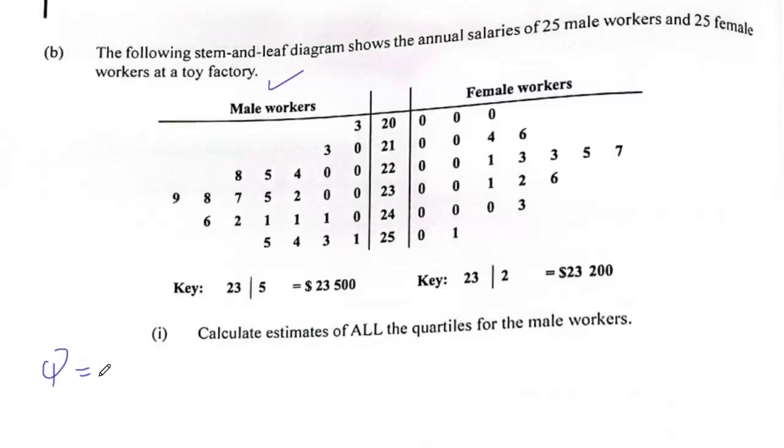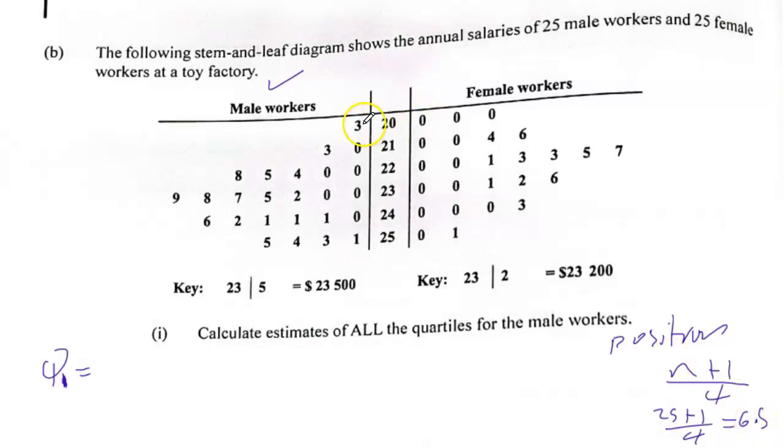So first quartile, let's call it Q1. Now the position for Q1 is n plus 1 over 4. Now n is 25 male workers, so 25 plus 1 divided by 4. That's 26 divided by 4, that's 6.5. So Q1, the first quartile, is found between the 6th number and the 7th number.